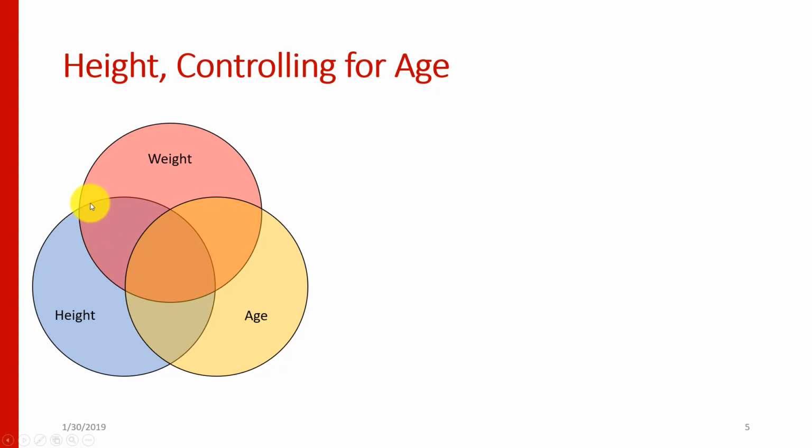And now rather than this whole area, the part of height that's independent of age explains this part of weight that is also independent of age. And similarly over here, this used to be the part of age that explained variation in weight, but when we exclude the shared variance, now this is the part of age that's independent of height, explaining the part of weight that is independent of height.